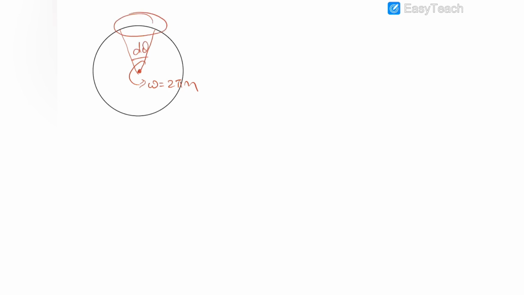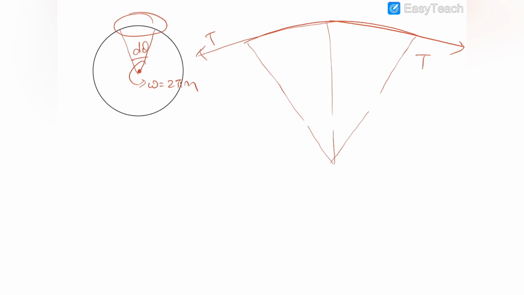Let us suppose we are talking about this small part of this ring, which is making an angle of d theta at the center. So on this part, you can see the tension will be acting tangentially like that, and this angle will be d theta by 2, and this will be d theta by 2.